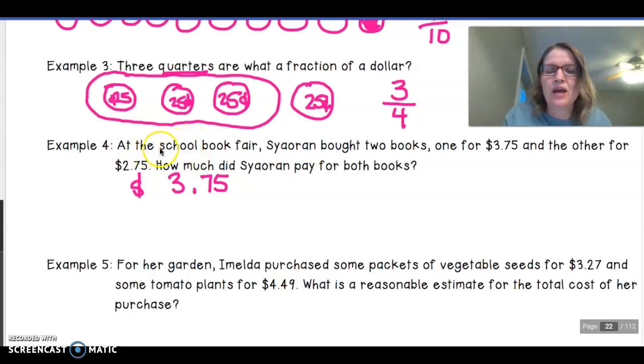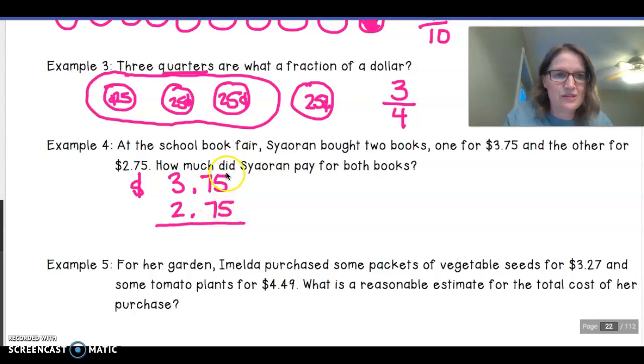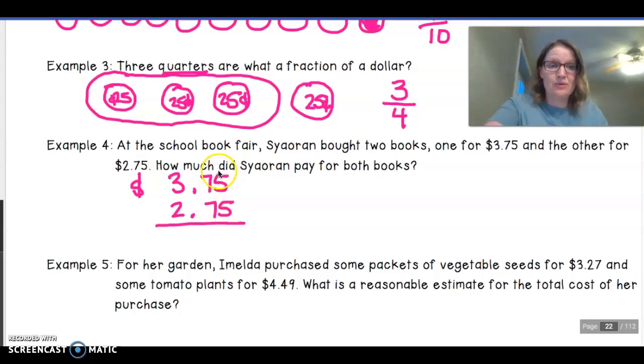So here we go. At the school book fair, Sayorin bought 2 books, one for $3.75 and the other for $2.75. So I'm going to write, how much did he pay for both books? So this means we need to add these 2 up.